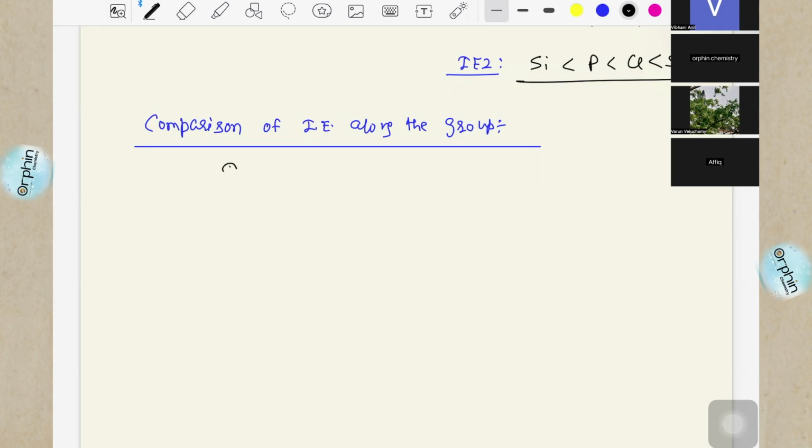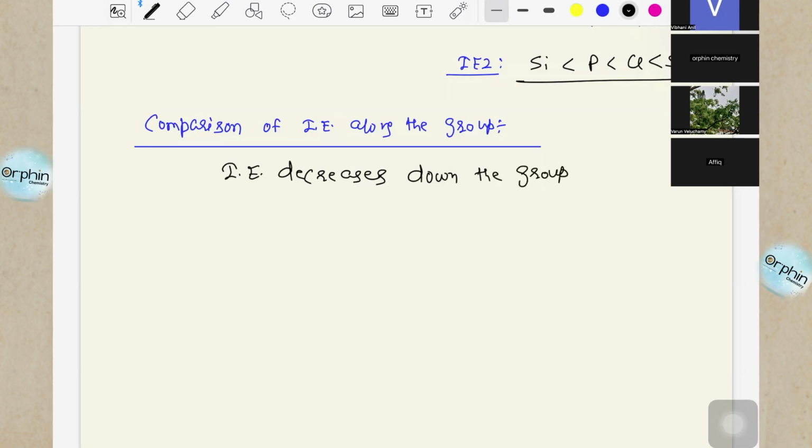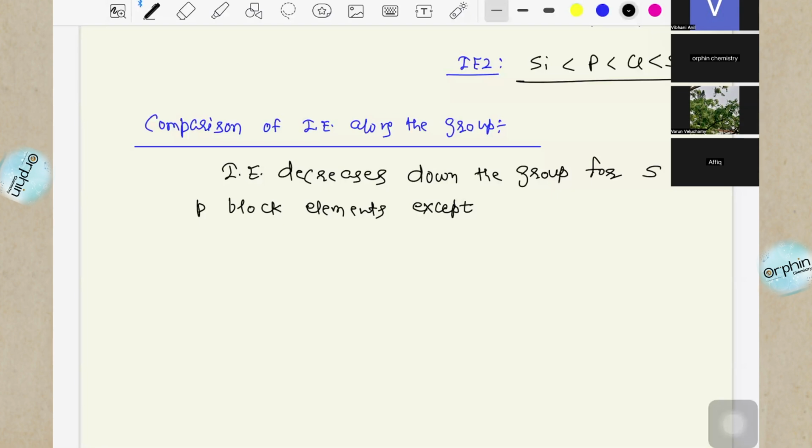So we can say IE decreases down the group for S and P block elements, except group number 13 and 14.